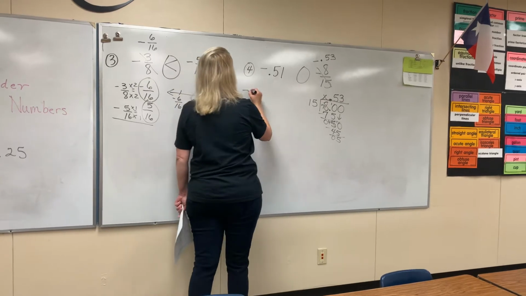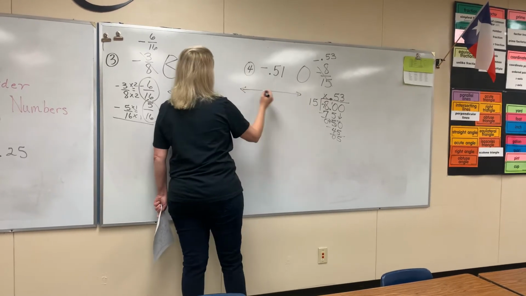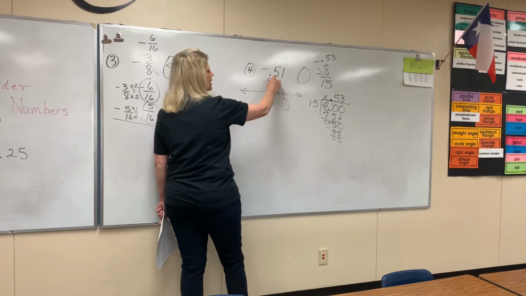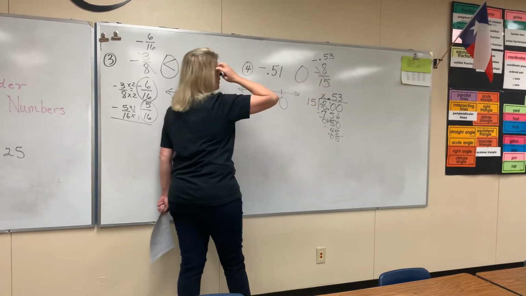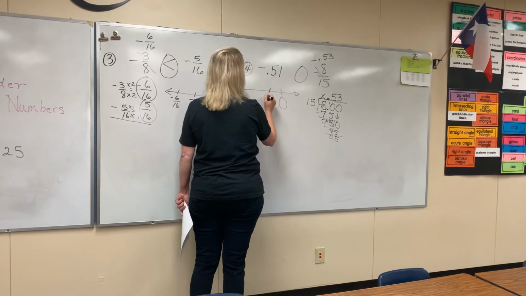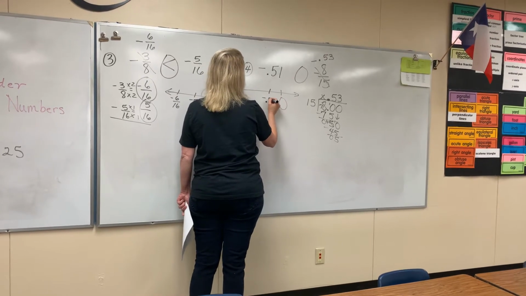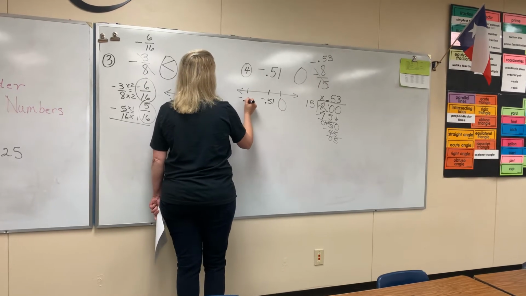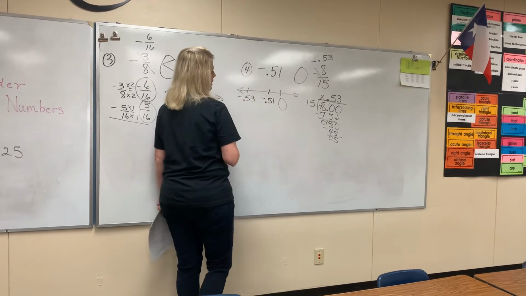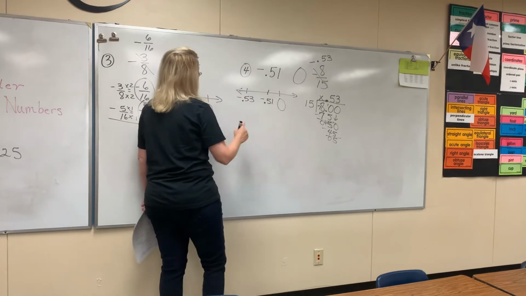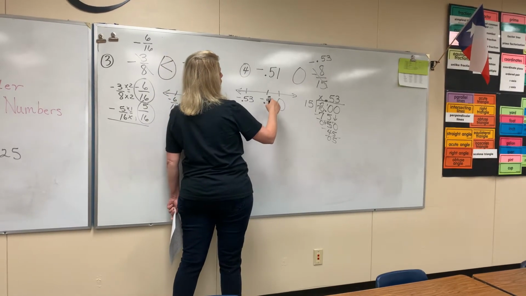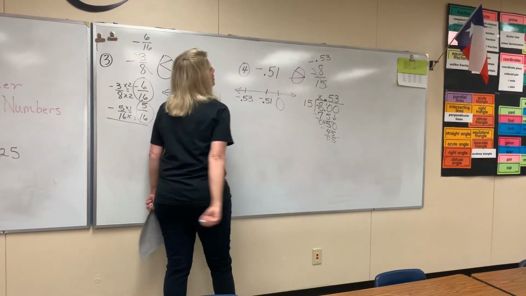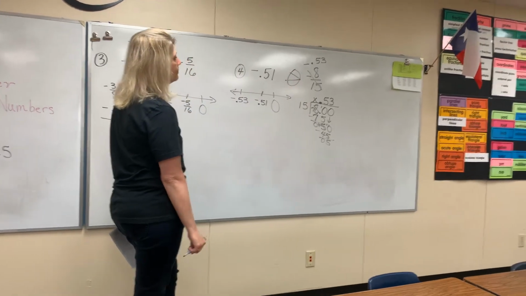So now when you go to put that on a number line, you've got 51 cents and you got 53 cents, but they're negative. So you know that the negative 51 cents will be closer to 0 and the negative 53 cents will be farther from 0. And if you know that, then you know that the negative 51 hundredths is larger. So that would be the answer on that one.